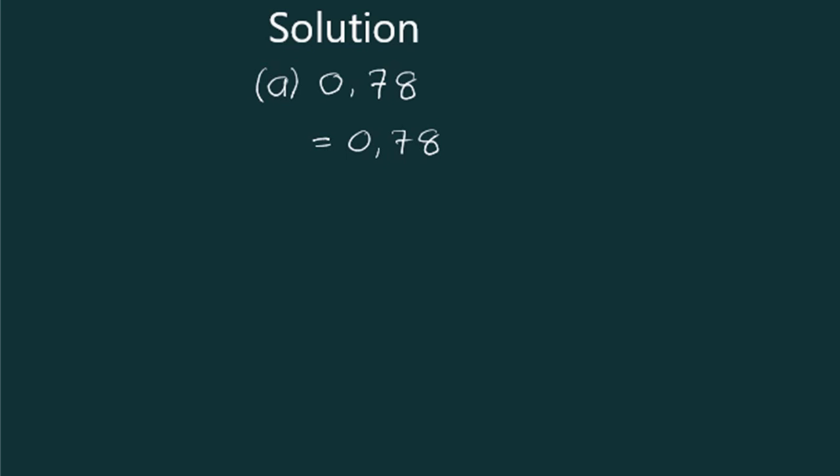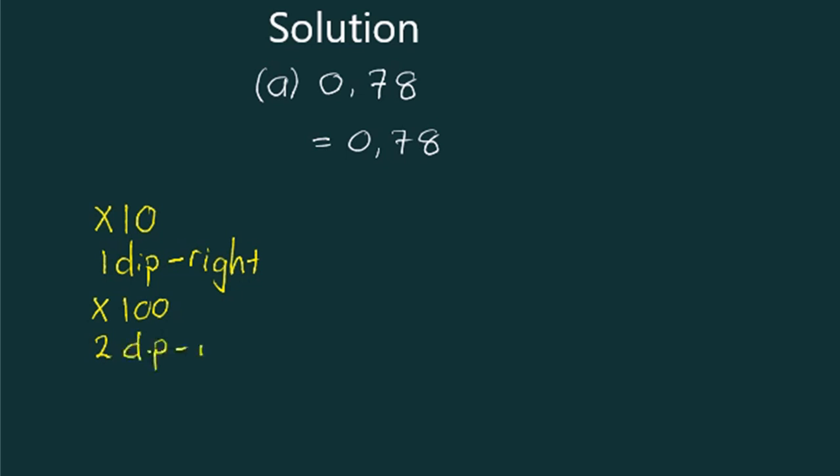What is the smallest multiple of 10 that I should multiply 0.78 with to make it a whole number? Remember, multiplying a decimal by 10 will cause the decimal point to move one decimal place to the right, and multiplying a decimal by 100 will cause the decimal point to move 2 decimal places to the right, going on like that.